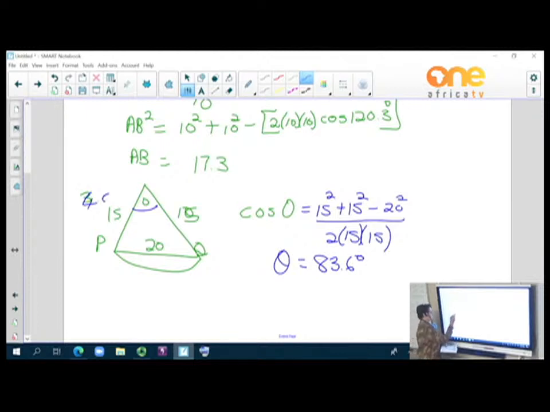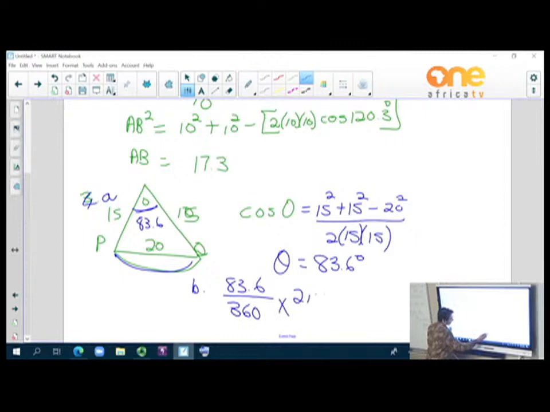4A. Okay, and this is the angle that we are calculating now. Once we've got this one, the next question is to find that arc. So the length of the arc: theta over 360, which is 83.6 over 360 times 2 pi.